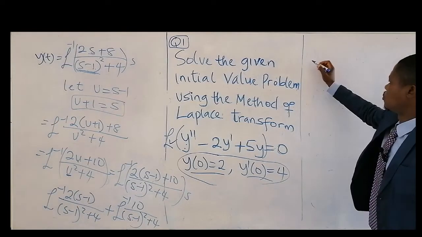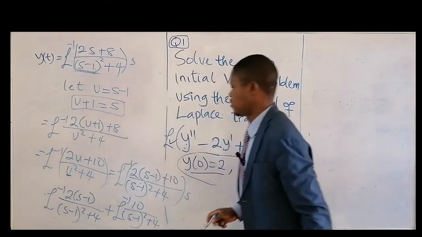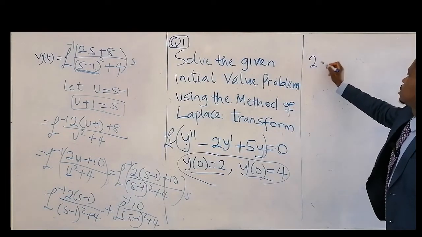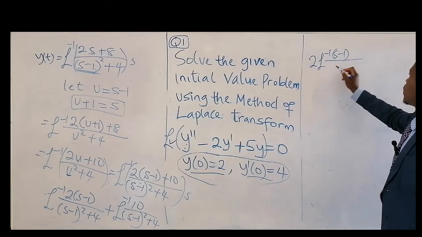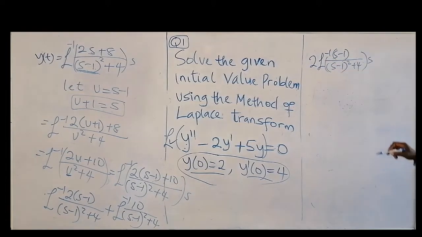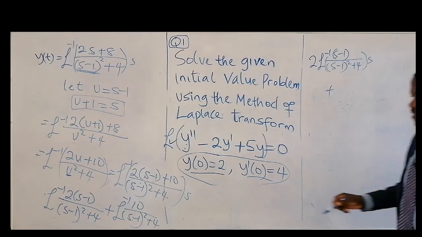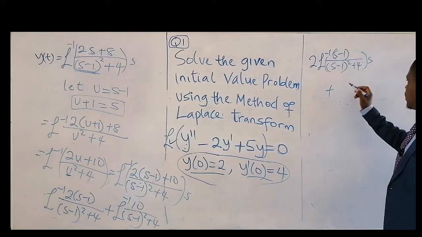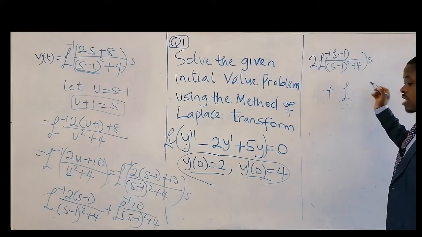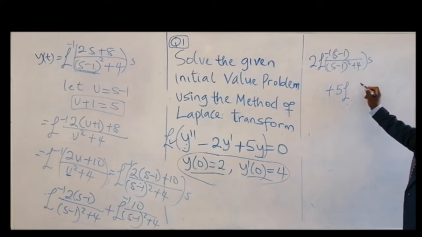We can move this 2 to the outside of the inverse. So we have 2 inverse Laplace of this function, plus this 10 also. We can make 10 as 2 times 5, so 5 can be outside and 2 can be inside here.